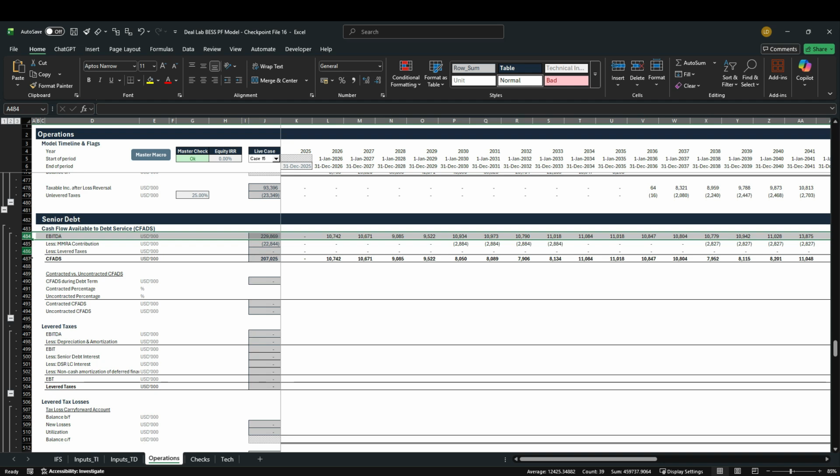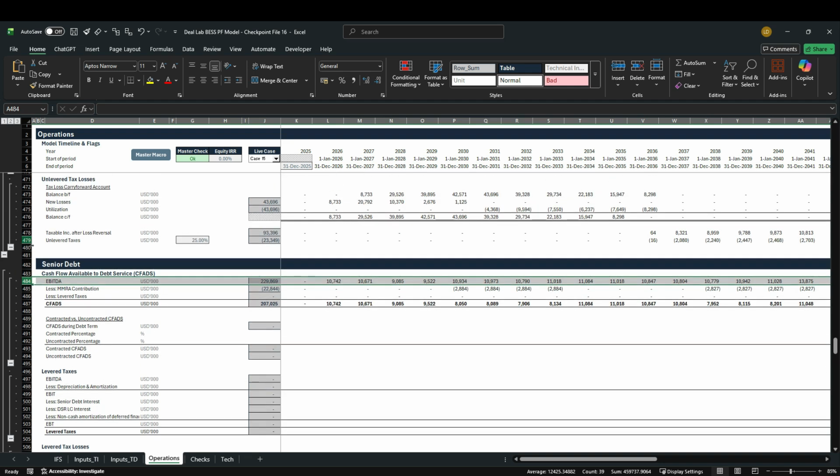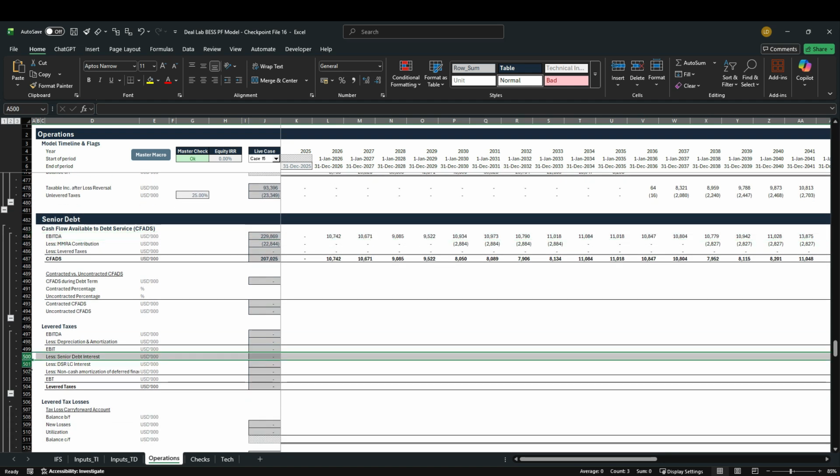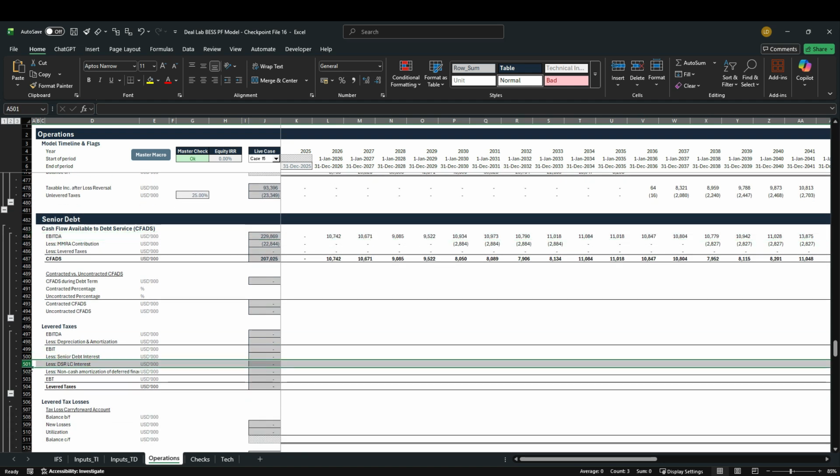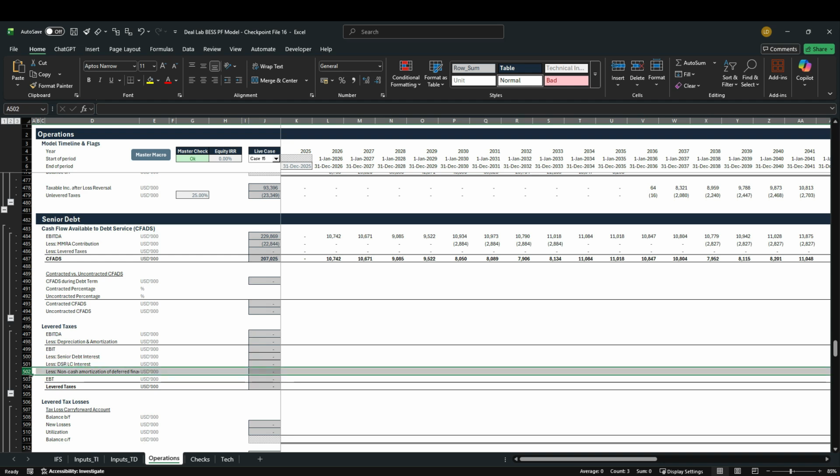The reason why levered taxes are different from unlevered taxes is that in the levered scenario, our senior debt interest, as well as our interest on items such as our debt service reserve letter of credit, as well as the amortization of our financing fees, are all tax deductible. So that means that our financing helps to further reduce our actual tax bill. And that's why for the CFADS here we have to consider our levered taxes.